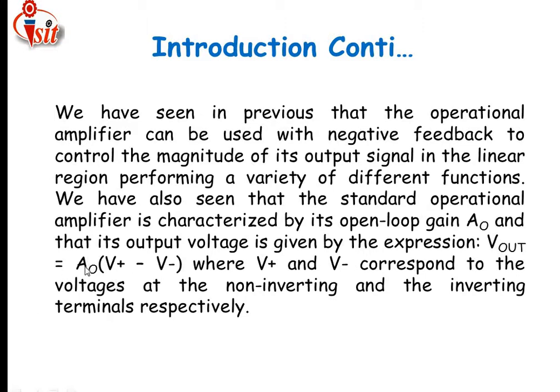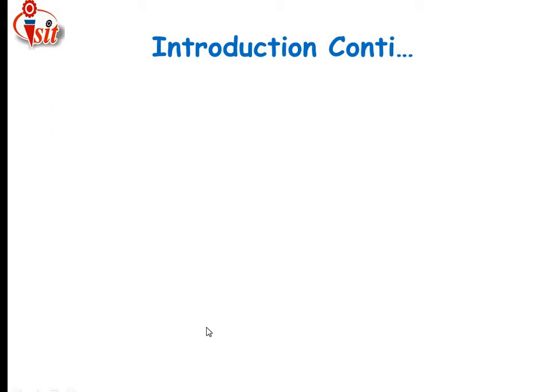The gain is represented by the letter A0, and the differential input voltage is the difference between the voltage applied to the non-inverting terminal minus the voltage applied to the inverting terminal, where V positive and V negative correspond to the voltage at the non-inverting and inverting terminals respectively. I have just told you that.